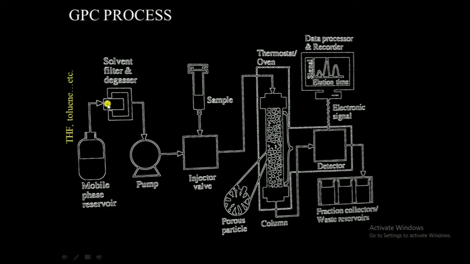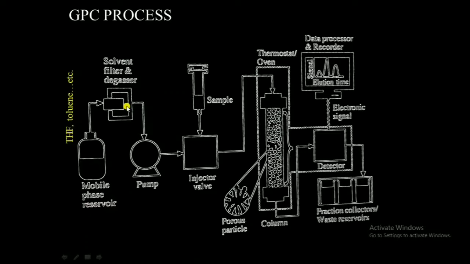So first we will filter the solvent, then it will pass to a degasser. In the liquid mobile phase, there are some trapped gases. These gases will cause troubles. They can cause air bubbles in the column, or affect the accuracy of the detector. So we have to remove the trapped air, for example, oxygen.